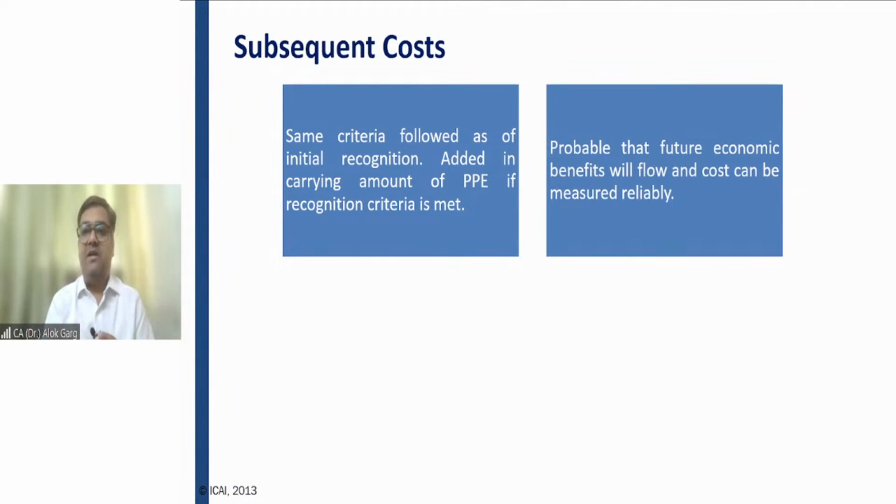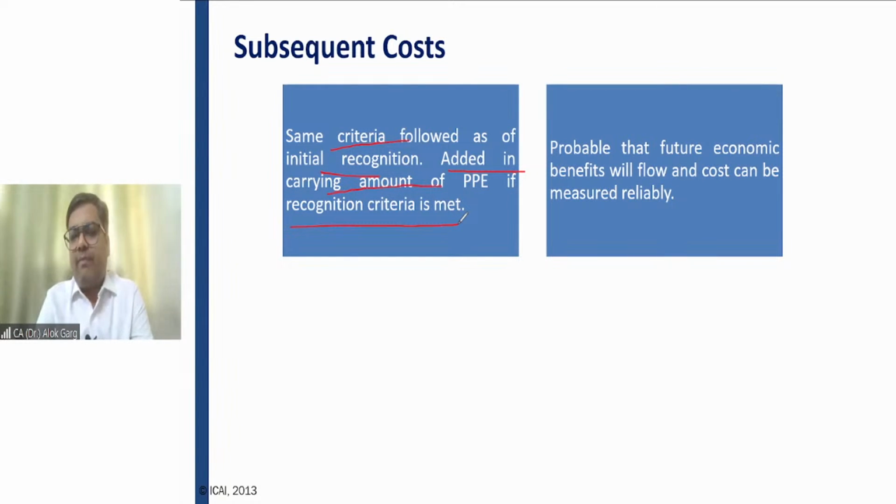When the remainder of the truck is perfectly all right, just when you put a new engine, the truck will start running. Future economic benefit is there. So friends, standard says that same criteria needs to be followed as at initial recognition. It has to be added in the carrying amount of PPE if recognition criteria is met.